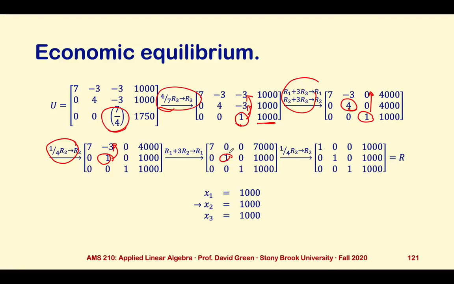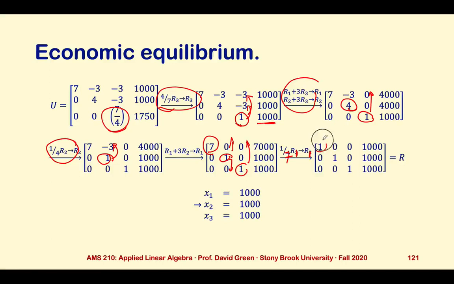We now have zeroed out the entries in this column as well as this column. So we move over to our last pivot, and the only thing left to do is scale. Clearly we don't want to divide by 4 here. We want to divide by 7, and we want to do this with row 1.